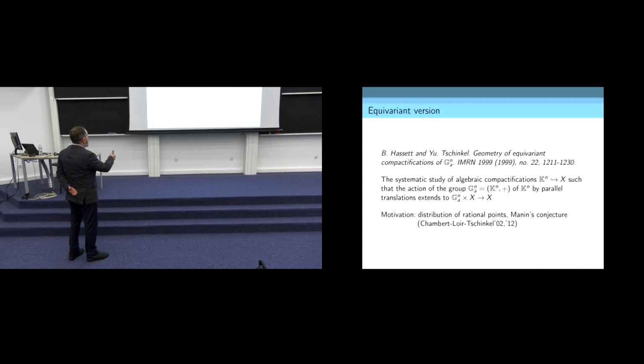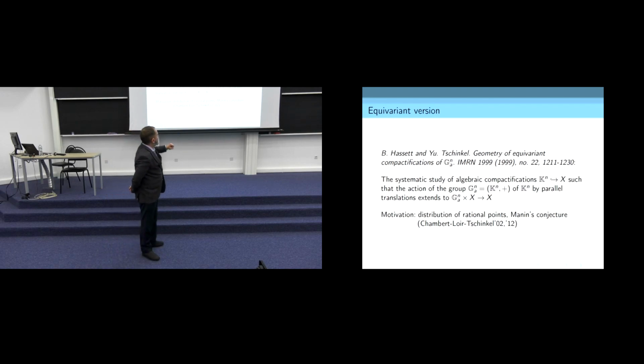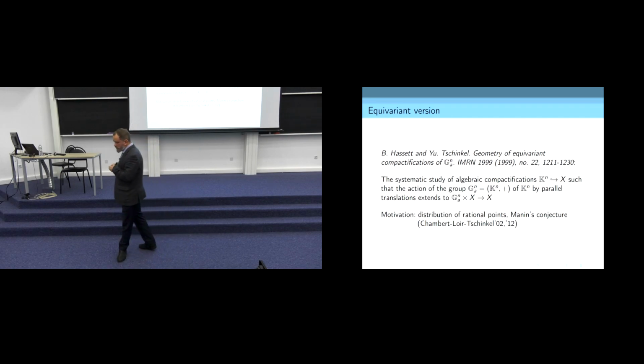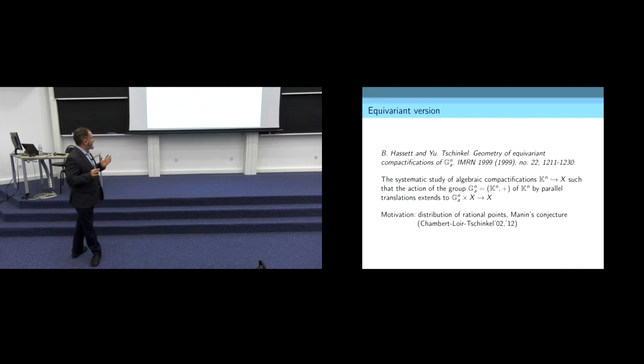Okay. But now I am going to the equivariant version. Since there are so many algebraic compactifications of affine spaces by complete varieties, maybe we should restrict our attention to some specific class of such compactifications. And a good idea is to consider only equivariant compactifications.